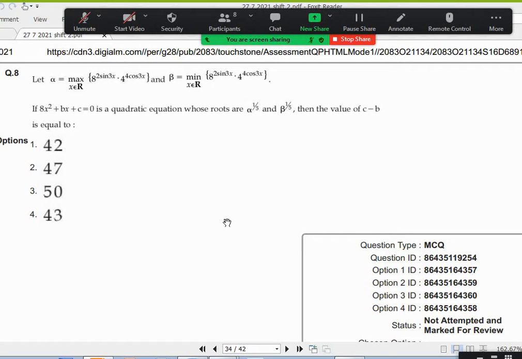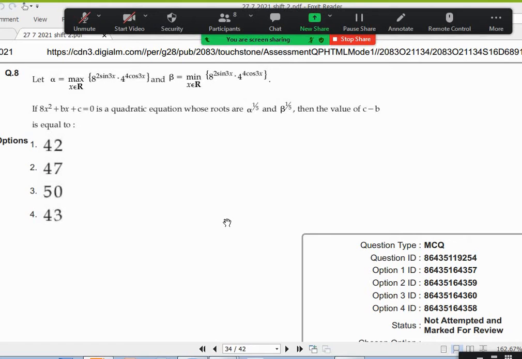Beta is the minimum of the same expression. Then there is a quadratic equation whose roots are these: 8x square plus bx plus c equal to 0. For this equation, the roots are alpha power 1 by 3 and beta power 1 by 3. Then they want c minus b.